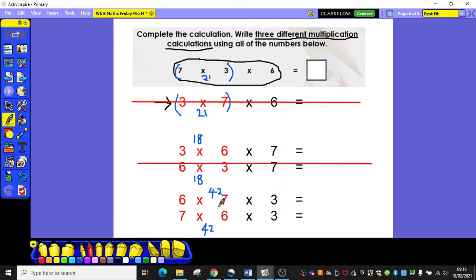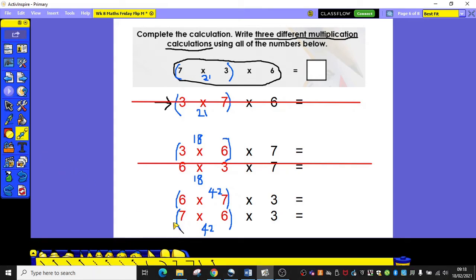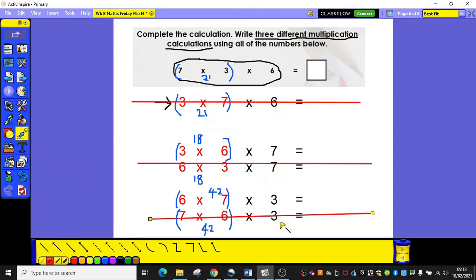So it doesn't matter which way around I write these numbers. Okay, and then I'm going to times them by 3. And again, putting those brackets on can just help us to really see that it's those two numbers that we are doing first of all at the start of a calculation. Okay. So actually, I don't need this one because it's still the same as the top one. It's still 42 times 3.